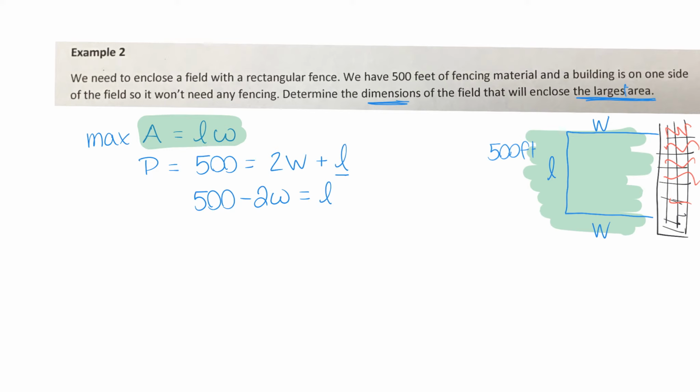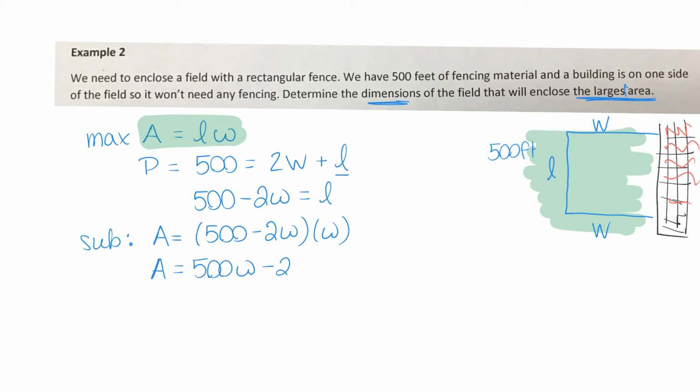Okay, so now we're going to substitute that in, and we're going to say A equals L. Well, L is 500 minus 2W times W. Okay? I'm going to distribute that, make my life a little easier. So 500W minus 2W squared.